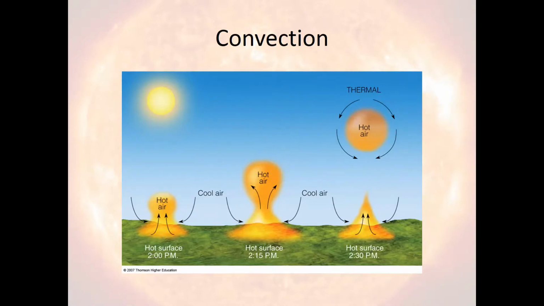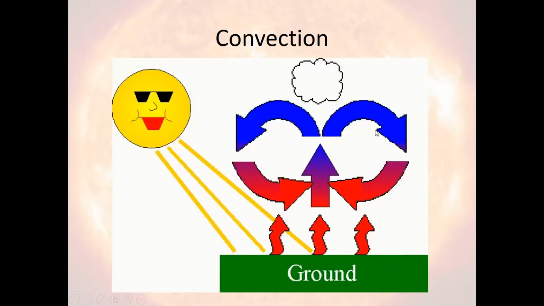That lowest centimeter or two gets really hot, and as it gets hot, it rises. As it's rising, it pushes cool air back down to take its place. That cool air then gets hot, and it rises. And then that forces more cool air down, and then it gets hot, and then it rises. And you get the formation of these rising bubbles of hot air called thermals.